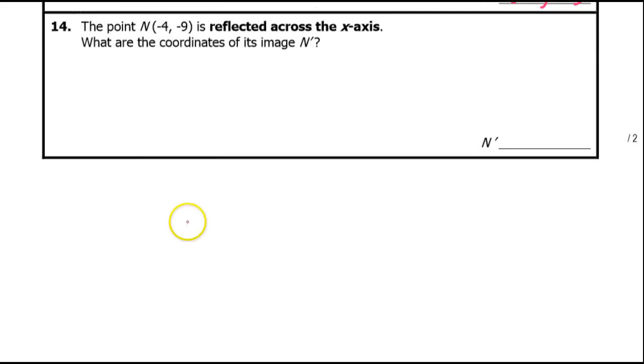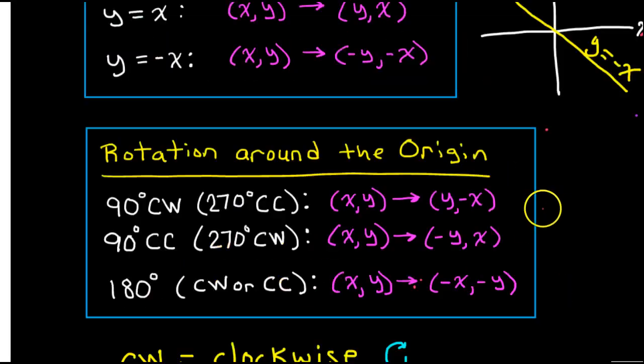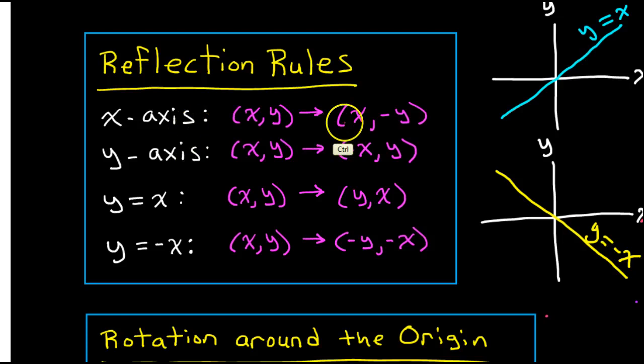Okay, number 14. We're reflecting across the x-axis. Let's use the rule. x, y becomes, okay, x-axis, that's going to be x, opposite of y. That's right off the list that we memorized.